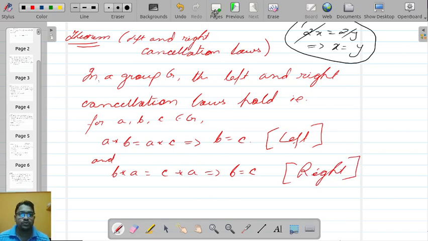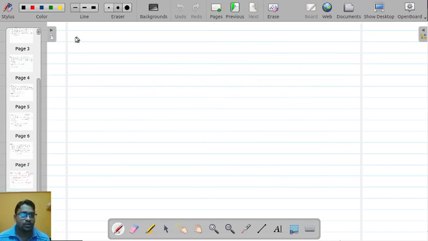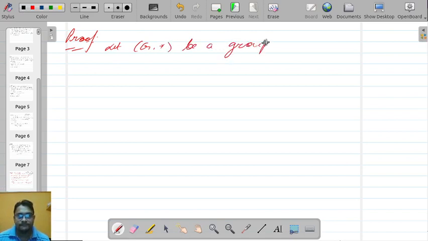So let us try to prove it. Not that difficult, simple. So the proof is this. Let G star be a group, and A, B, C belong to G. So these are some elements.